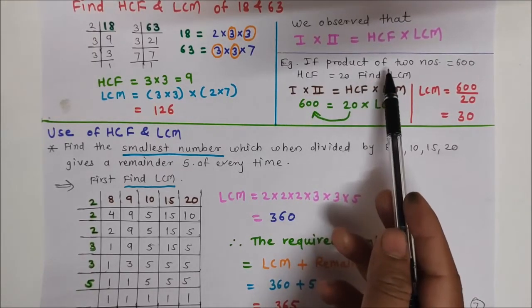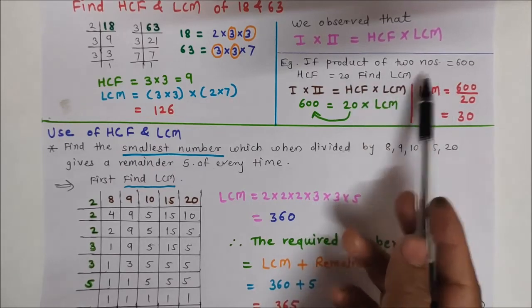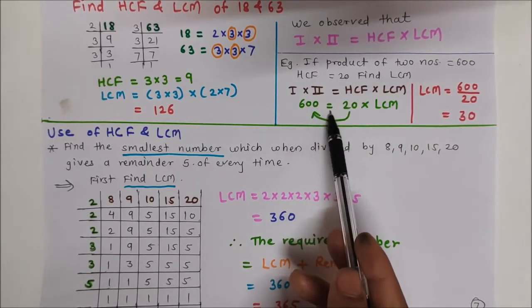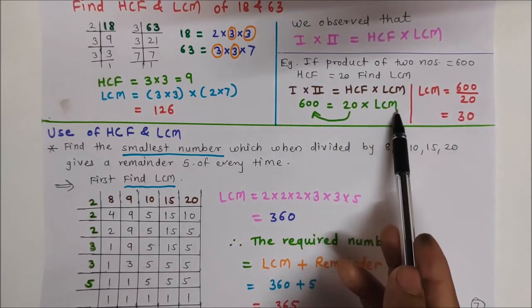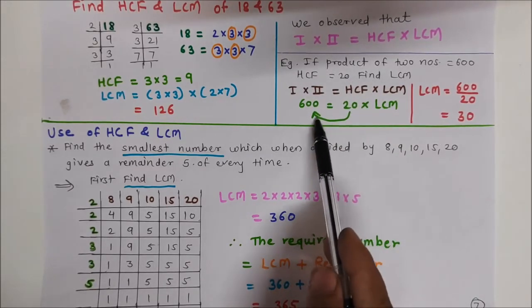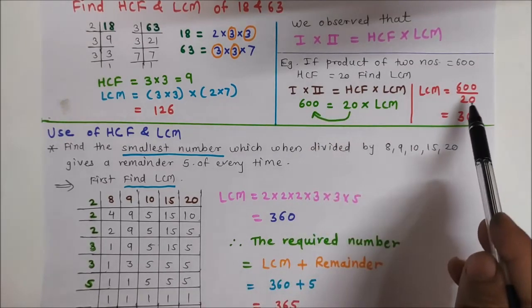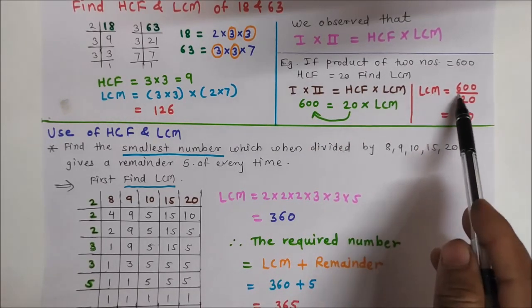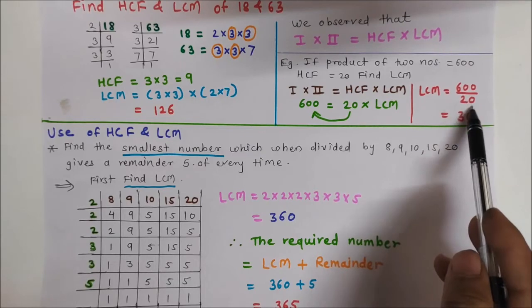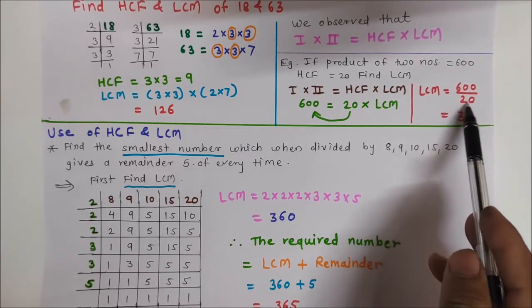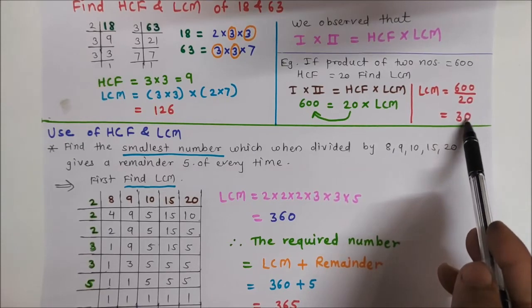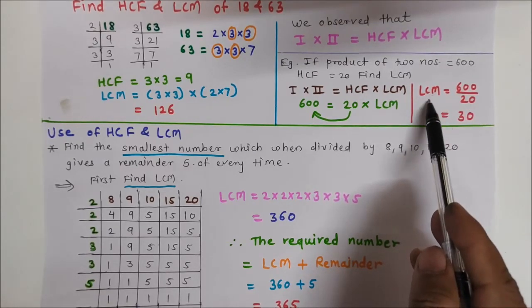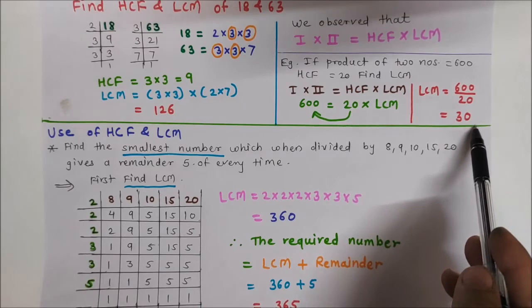Here the product of two numbers is given, so write 600 is equal to 20 into LCM. So that 20 going to the other side is converted into divide. So LCM is equal to 600 divided by 20. 20 3s are 60, 20 0s are 0. Therefore LCM is equal to 30.